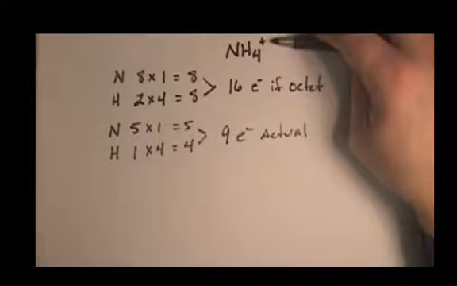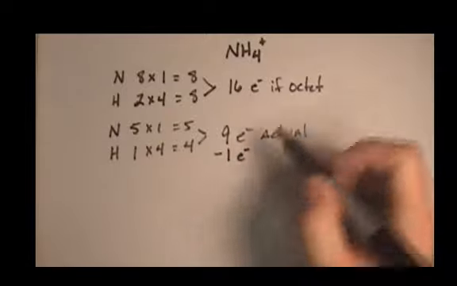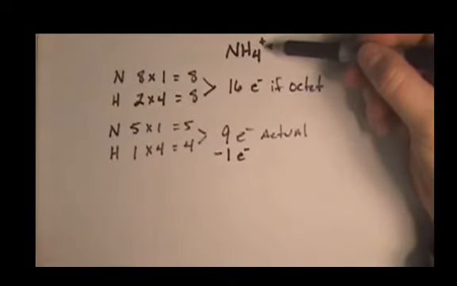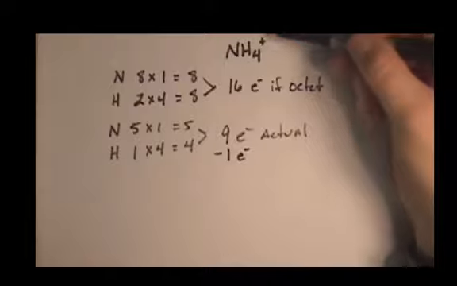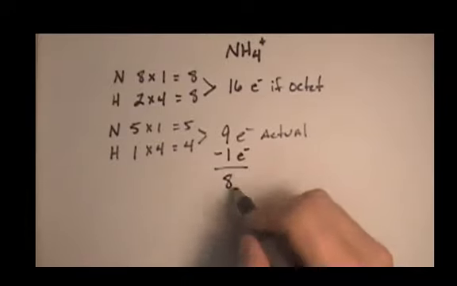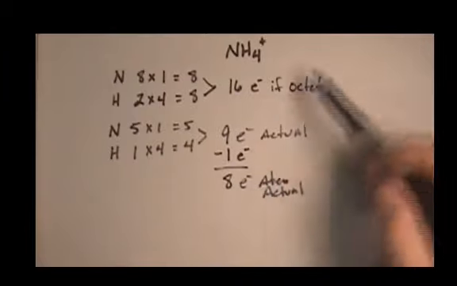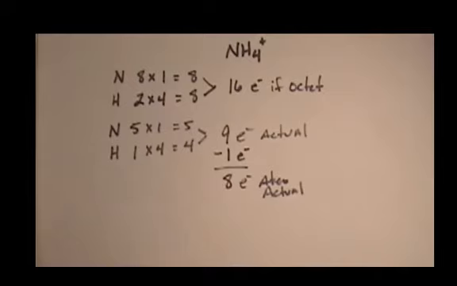If something has a positive charge, that means that it has lost electrons. So we need to subtract 1 electron because this is a +1. That means overall this molecule has lost 1 electron. And that gives us 8 electrons actual after we've taken consideration the positive oxidation state.